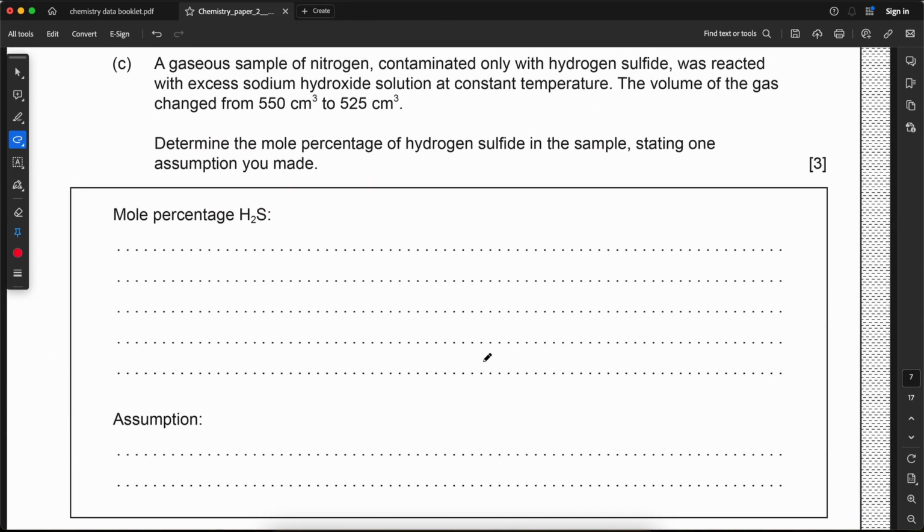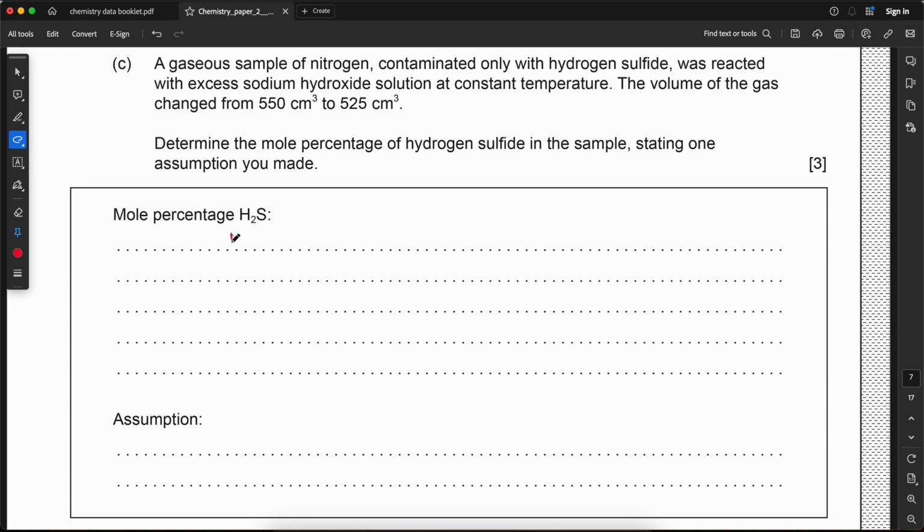A gaseous sample of nitrogen contaminated only with hydrogen sulfide was reacted with excess sodium hydroxide solution at constant temperature. The volume of the gas changed from 550 centimeter cubed to 525 centimeter cubed. Determine the mole percentage of hydrogen sulfide in the sample, stating one assumption you made.